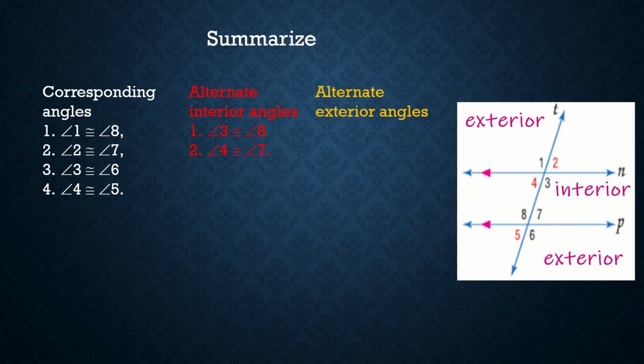Now let us talk about alternate exterior angles. Corresponding angles, alternate interior angles and alternate exterior angles are congruent. So for alternate exterior, angle 1 is congruent to, yes, angle 6, and angle 2 is congruent to angle 5.